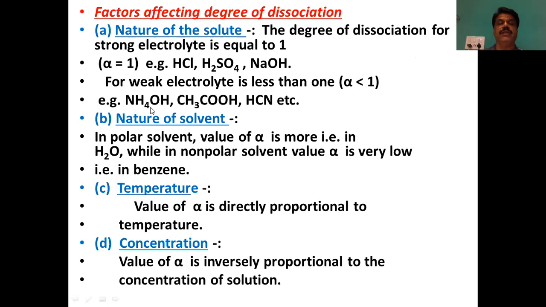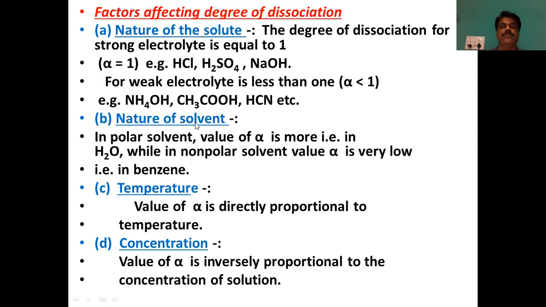Weak electrolytes are ammonium hydroxide, acetic acid and hydrogen cyanide. From this we conclude that the degree of dissociation of a strong electrolyte is more than that of a weak electrolyte. That means the degree of dissociation of HCl is more than that of NH4OH, that is, hydrochloric acid is more than ammonium hydroxide.